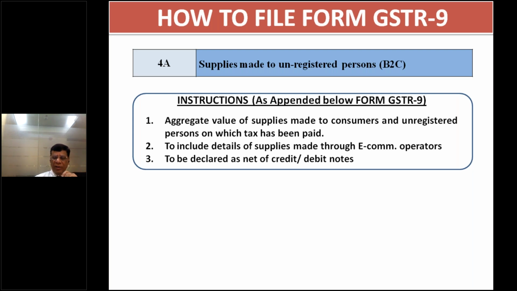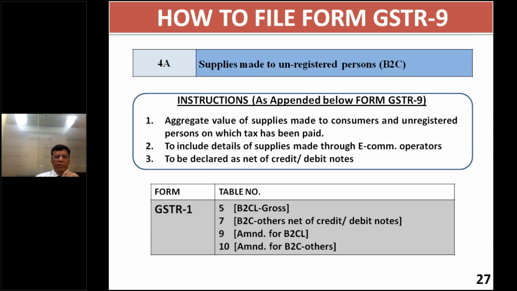Therefore, this information has been stored here, and the source of this particular information, the lawmakers have referred that you can take this information from Table 5 B2C large, Table 7 B2C others, Table 9 amendment for B2C large, Table 10 amendment for B2C others. So these are 4 tables which are containing in GSTR 1 form the details of your B2C supplies.